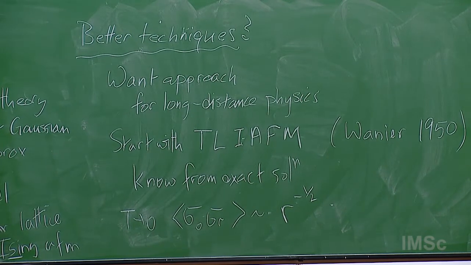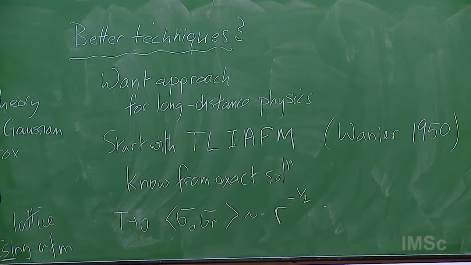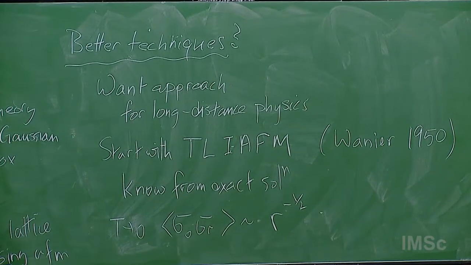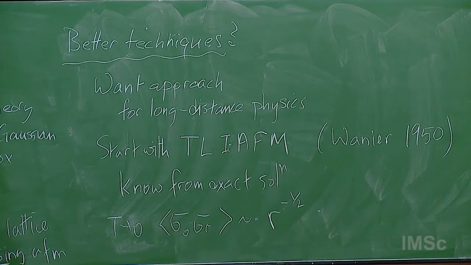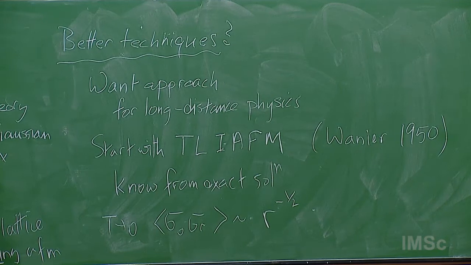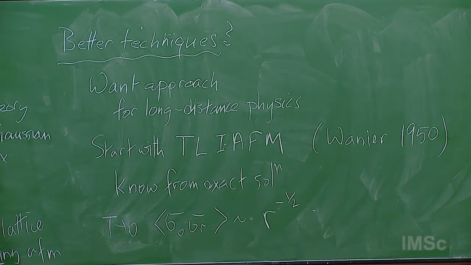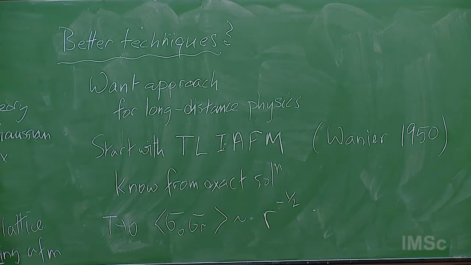Of course, I've been talking about systems with flat bands, and if you diagonalize the exchange matrix for the triangular lattice, you'll soon discover that you have a discrete number of minima in the Brillouin zone.